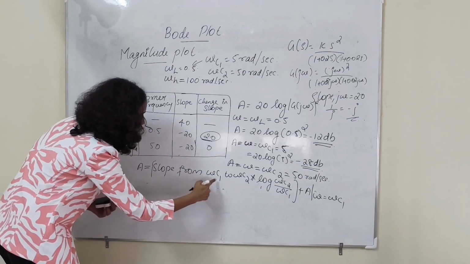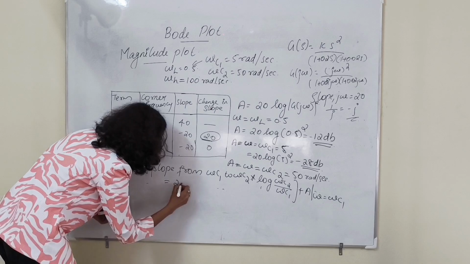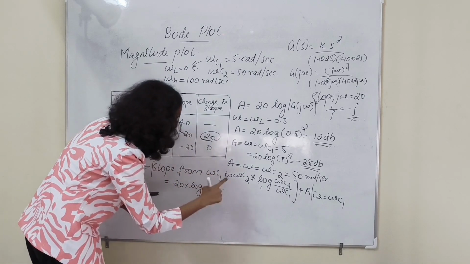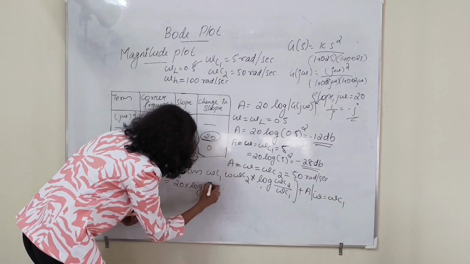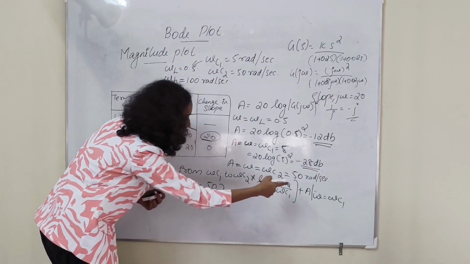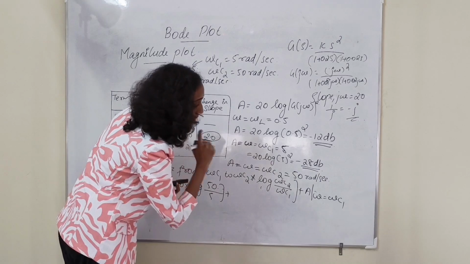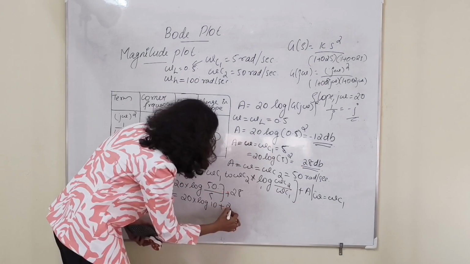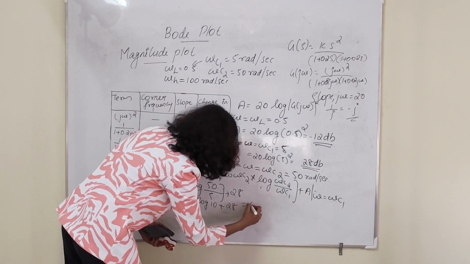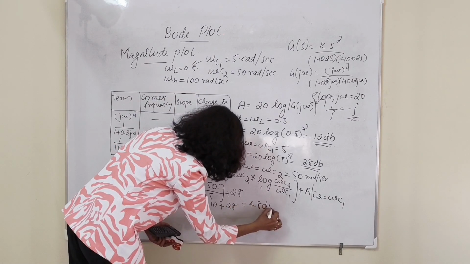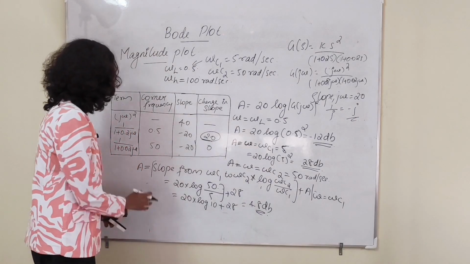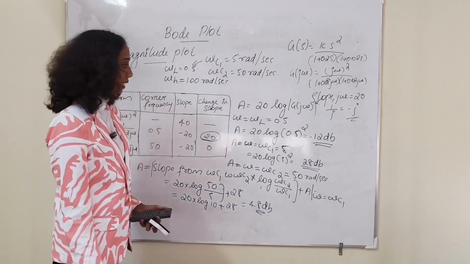That is, slope from omega C1 to omega C2 is 20 into log of omega C2, which is 50, divided by omega C1, which is 5, plus the gain at omega equal to omega C1. So it's going to be 48 dB. Then the third gain value is A equals 48 dB.